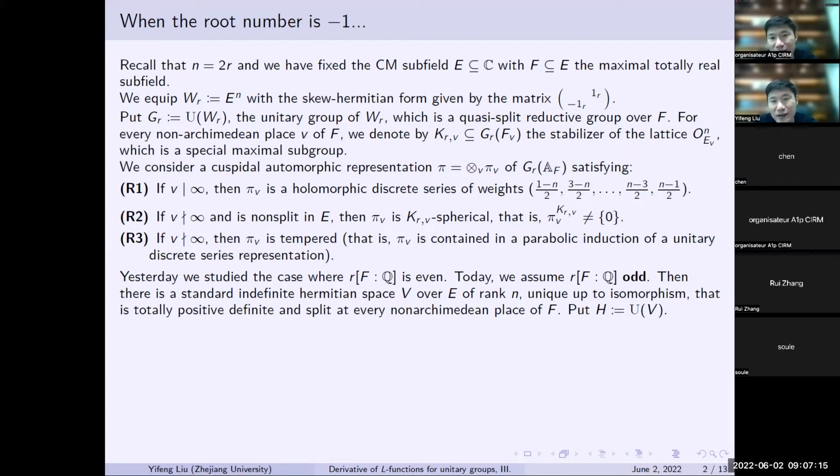In this case, we will have another Hermitian space, but not totally positive definite as yesterday. Today it is a standard indefinite Hermitian space V over E of rank n, unique up to isomorphism, that is totally positive definite and split at every non-Archimedean place of F.